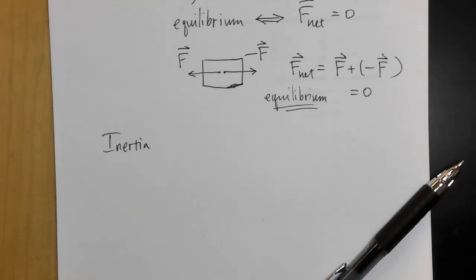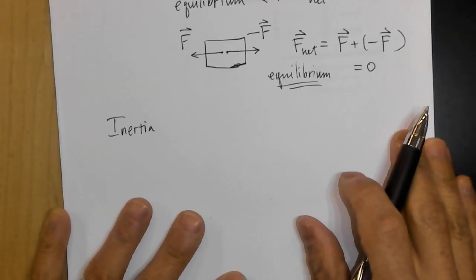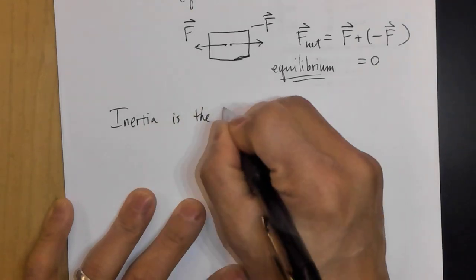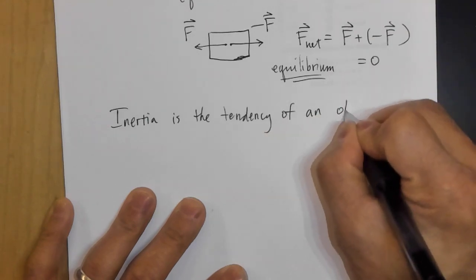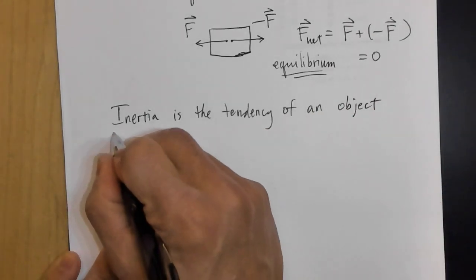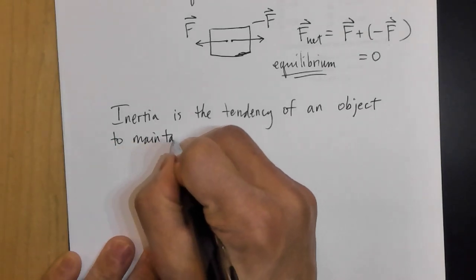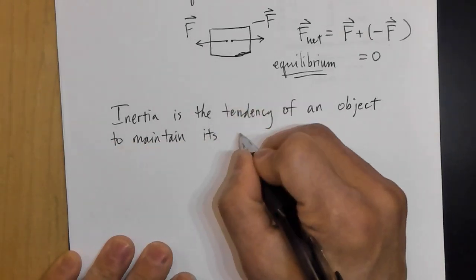Right? But suppose there was a truck coming at you at 10 meters per second, you would jump out of the way because it would kill you. Okay? So there's a difference between an object moving with a certain velocity that's clearly very small versus something that's really massive. So this concept of inertia is related to that fact: inertia is the tendency of an object to maintain its velocity.